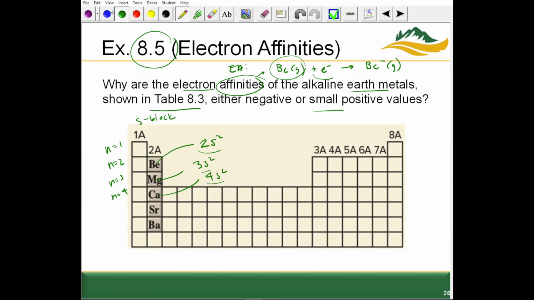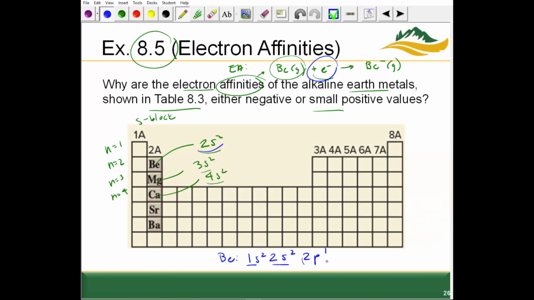For example, for beryllium, what comes before the 2s2? Well, it fills 1s2, then it will fill the 2s2. If we're adding on another electron, where would that have to go? So 1s2, 2s2, next is 2p.